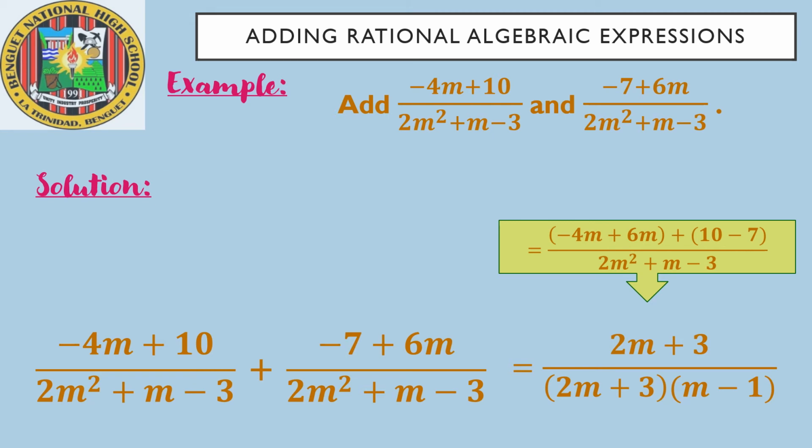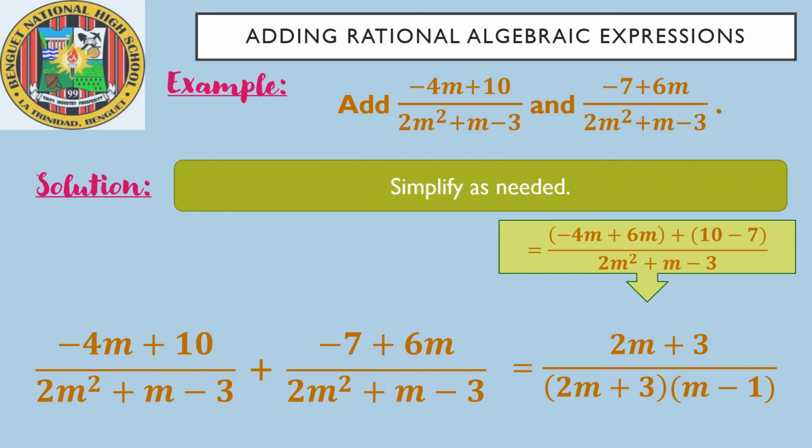But we have to simplify our final answer. Thus, we check the factored forms of the numerator and the denominator for any common factor that we can cancel. Here, we see that 2m plus 3 is present in both numerator and denominator, so we cancel those similar factors out.